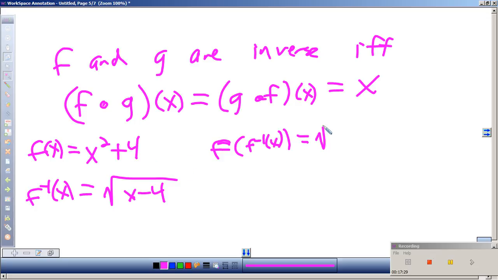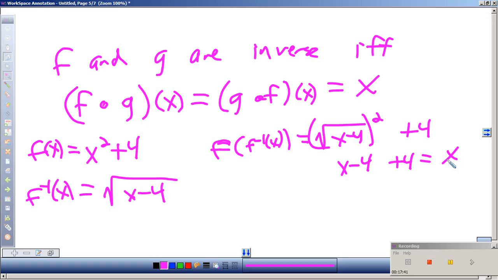I'm going to have square root of x minus 4, squared, plus 4. What do I get when I square that? So I have x minus 4 plus 4, which is x. And I could do the reverse as well. I could do square root of x squared plus 4, minus 4 in here. What do I get? The 4s cancel, x.